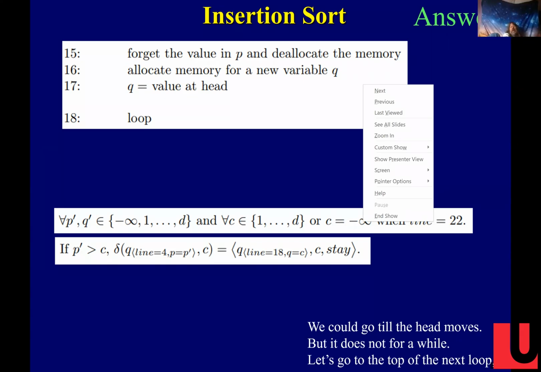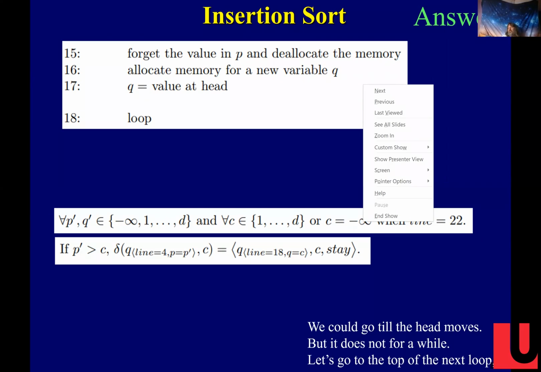Now, what happens if I had line 4, P equals P prime and Q equals C? Do you know how many states there would be then with line 4? Well, how many values of P are there? D plus 1, yeah. How many values of Q are there?